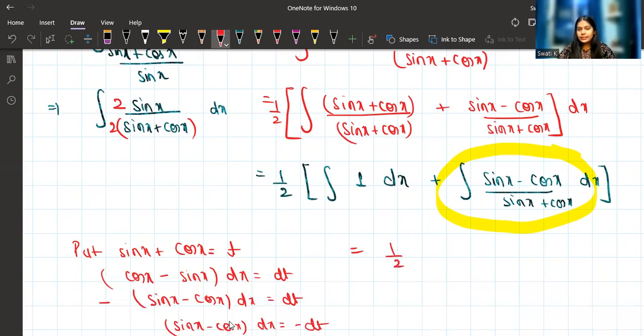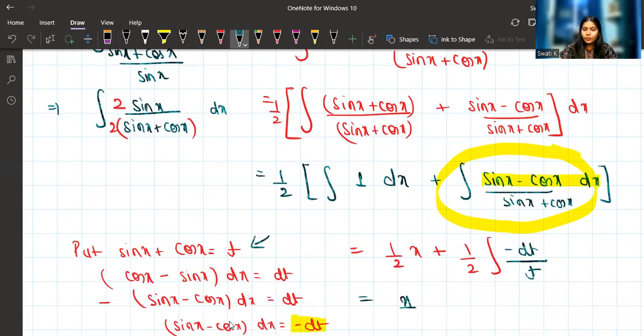Integration of 1 dx is nothing but x. So half x plus this half will also get multiplied with this. So half integration sin x minus cos x dx. For this particular expression, we have the value minus dt. So this will become minus dt upon t, since we have taken sin x plus cos x as t. So it is t. Very simple.